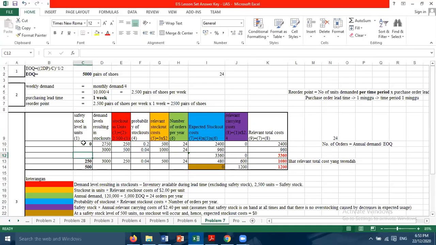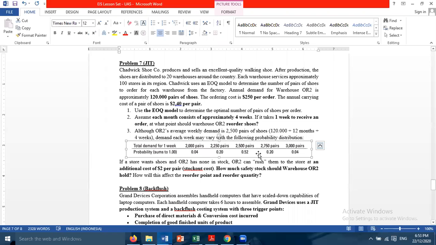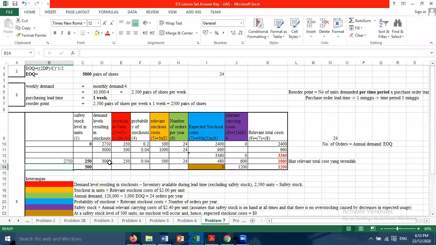Next, we go to the next scenario. If we increase our safety stock to 250, we will hold 2,750 inventory, right? From this, we know that the only possible chance of us getting a stock out is if the demand is 3,000. In this case, we will have 250 units stock out, since 3,000 minus 2,750.